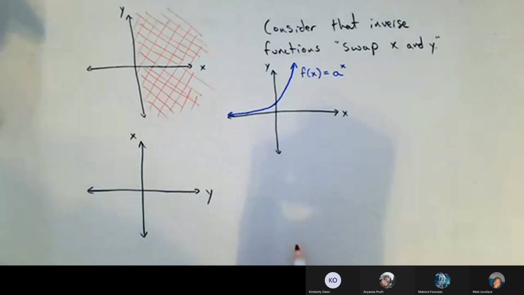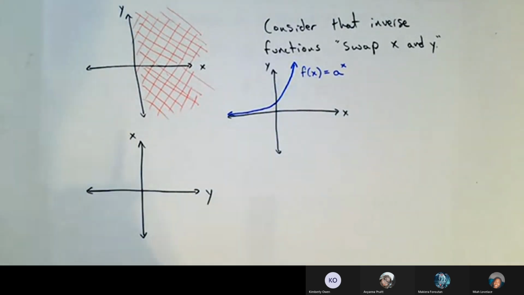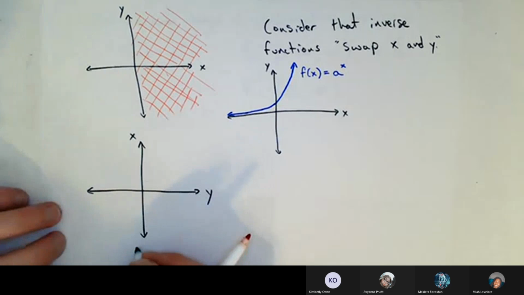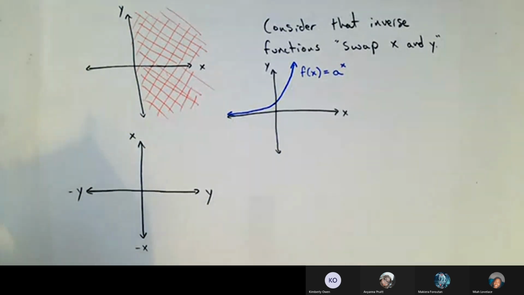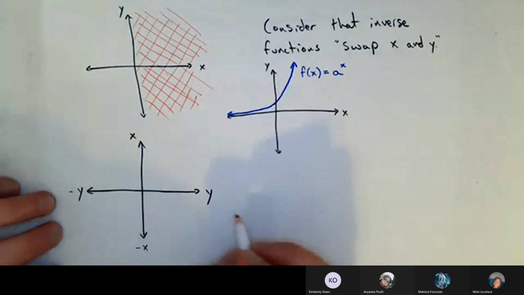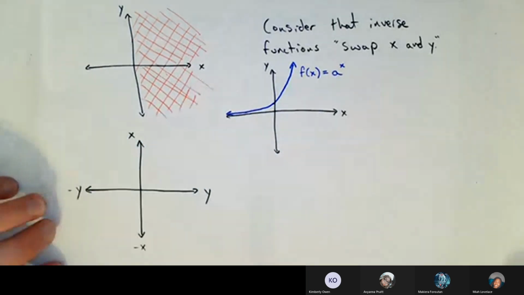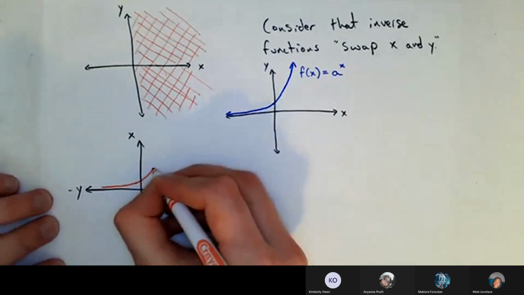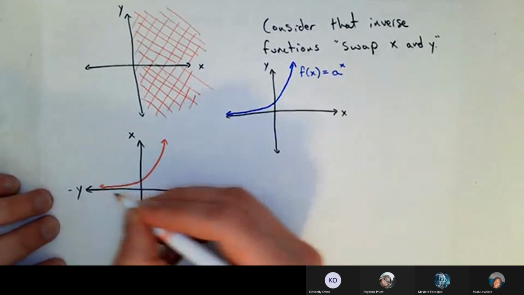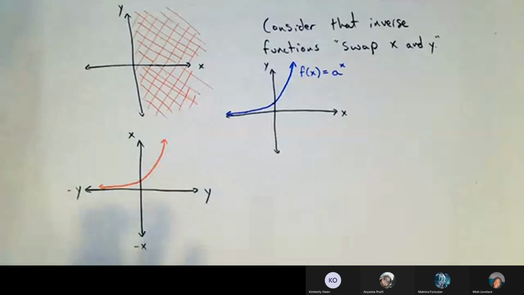This is going to be very tricky, but let me write this is negative x and this is negative y. Okay, so I draw, let me think, is this how? Right, yes, so I draw the function. And I'm not going to name it anything yet because this is a bonkers middle step, right?